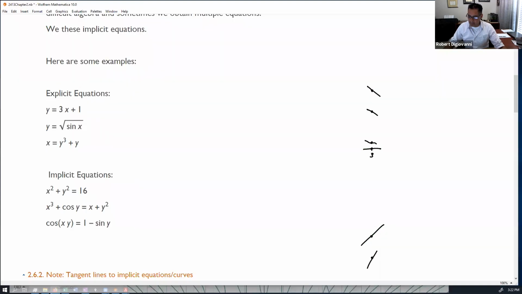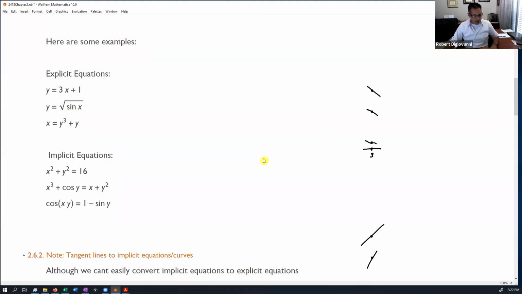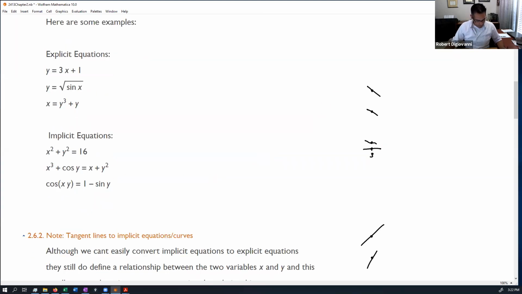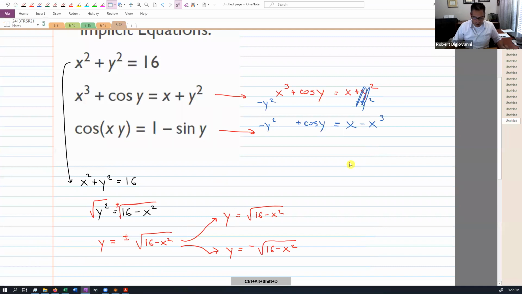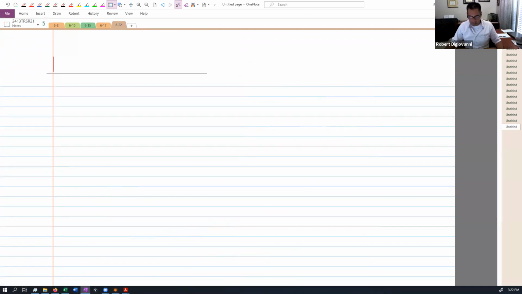So here's how we do it. We're going to start with the very first one. x squared plus y squared is 16. If x squared plus y squared is 16, find dy/dx.